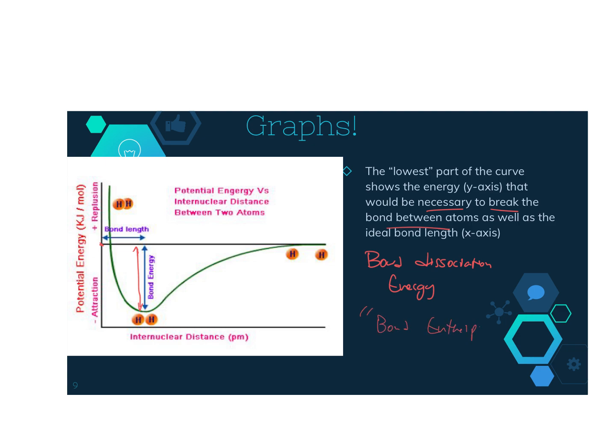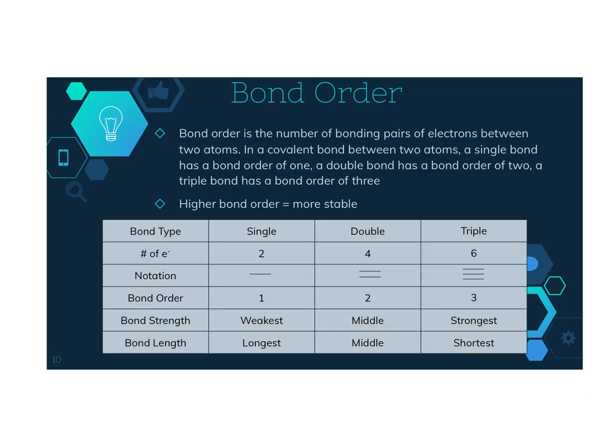So that energy from the 0 to where you get that sweet spot where it really actually wants to bond, that amount of energy is required to actually break it. So for example, if this is 137 kilojoules per mole, just as an example, you would need at least 137 kilojoules per mole to break this bond apart.